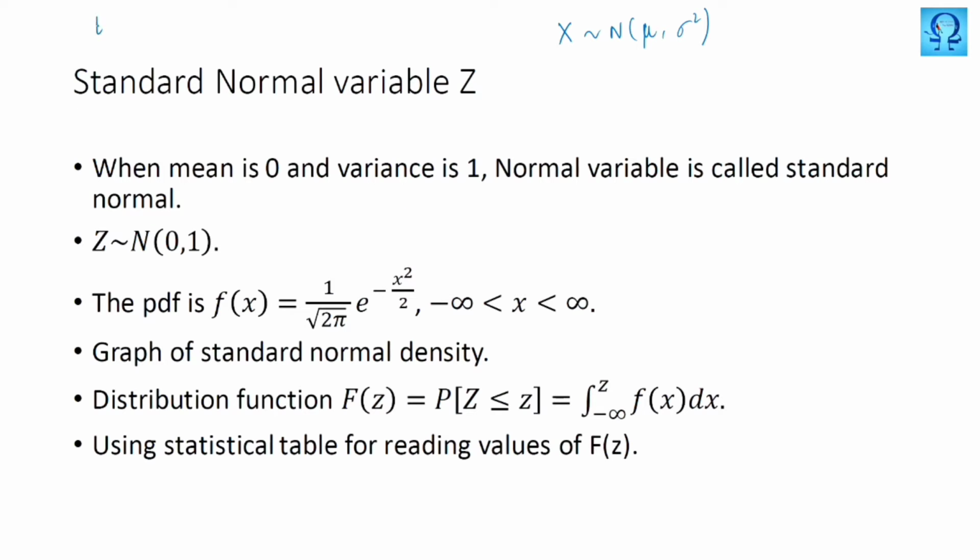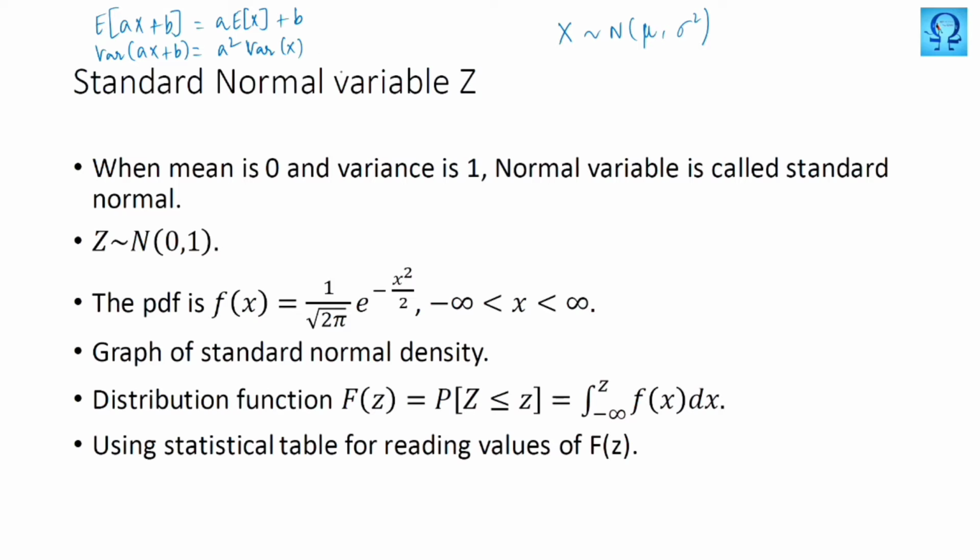We know the expectation of ax plus b is nothing but a times the expectation of x plus b. Similarly, the variance of ax plus b is nothing but a square times the variance of x, and the variance of a constant value is 0.